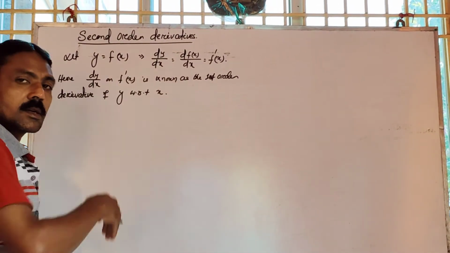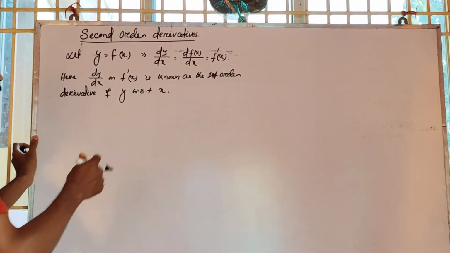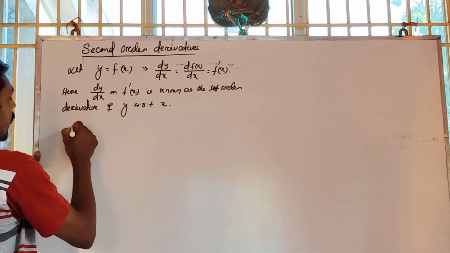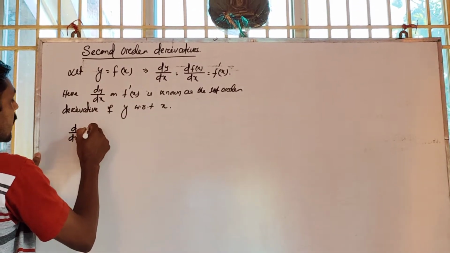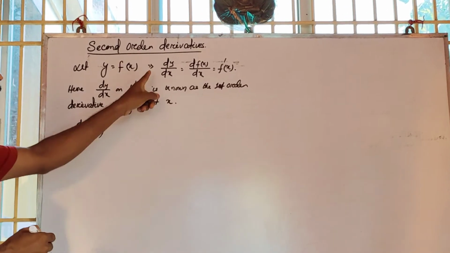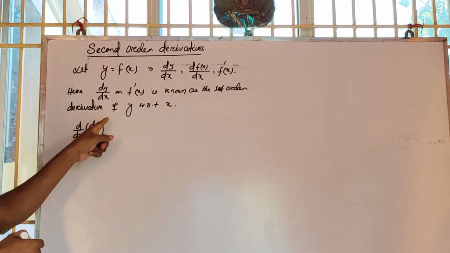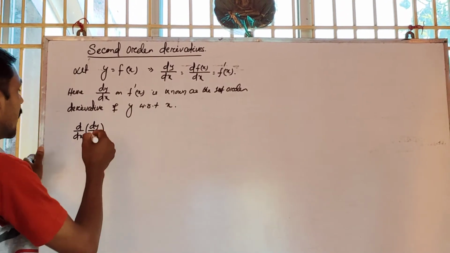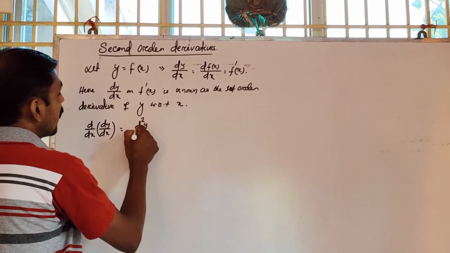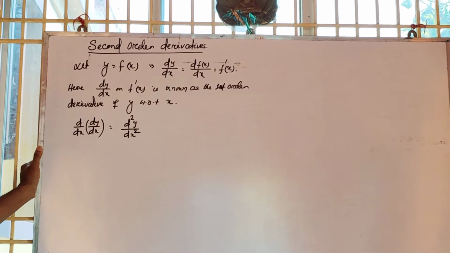Now we can again differentiate this function. The first order derivative is this. So if you again differentiate the first order derivative with respect to x, then it is denoted by d2y by dx square.